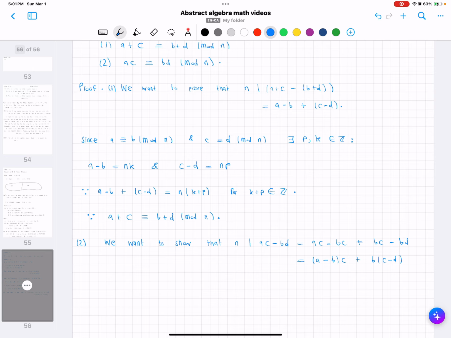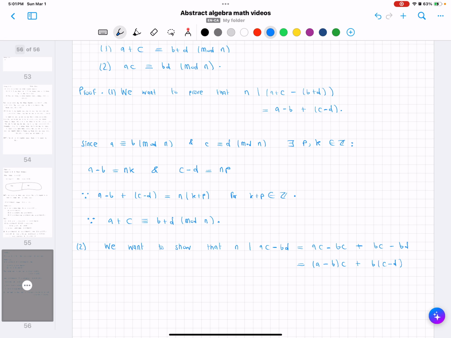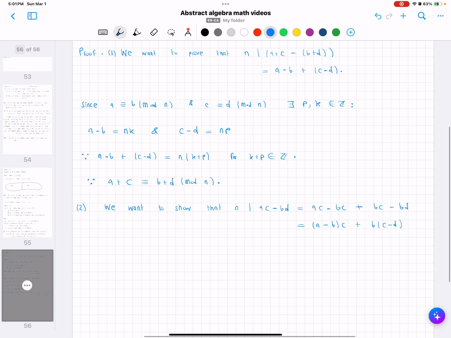This hidden telescoping variable appears in the addition part.